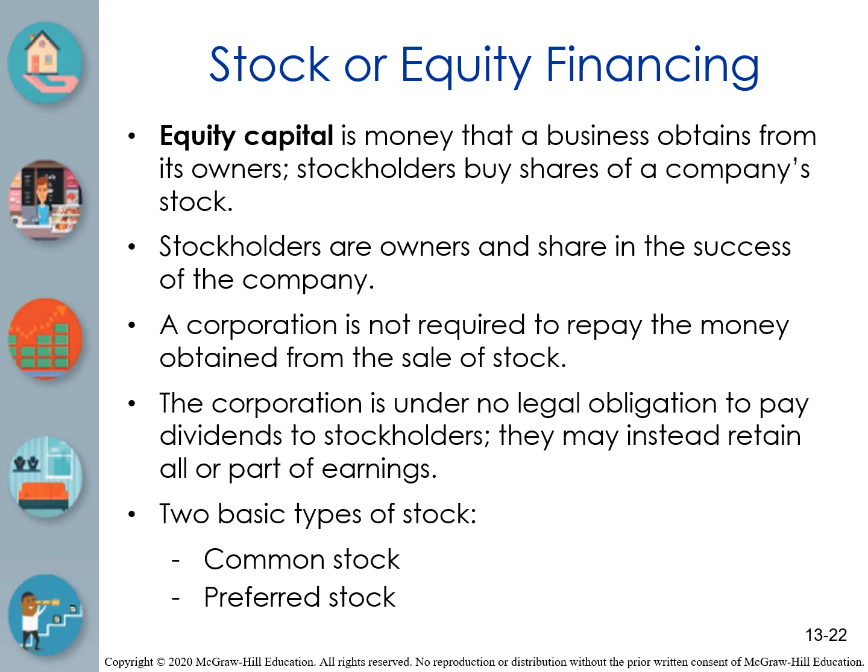Equity has to do with stocks, and debt has to do with bonds. Keep that in mind. Equity capital is money that a business obtains from its owners. Stockholders buy shares of the company stock. Stockholders are the owners. So if you have a share of stock in a company, you own that portion of the company.